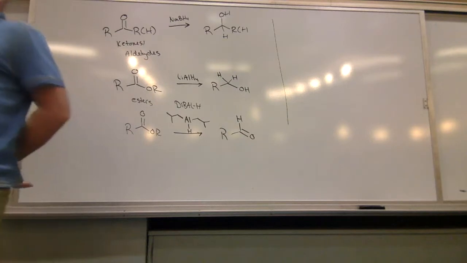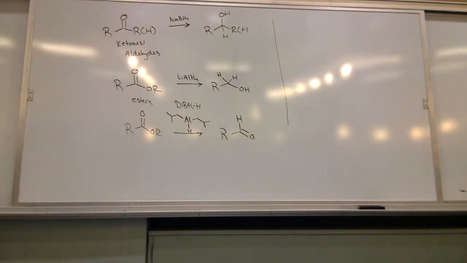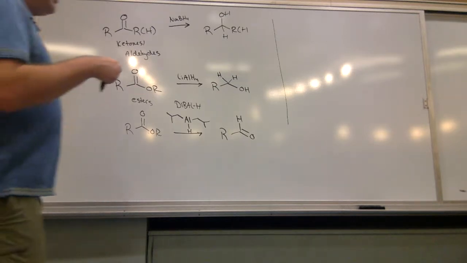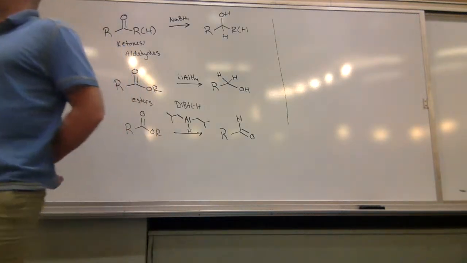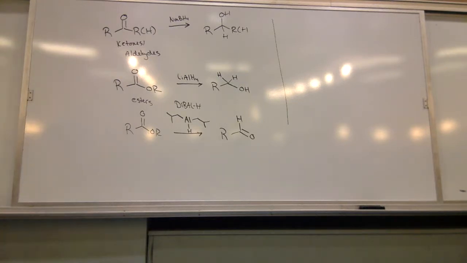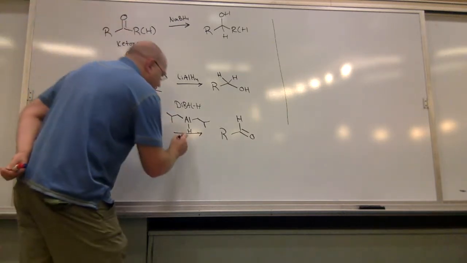Now, just really quickly before I get a little bit more into the mechanism, one thing that's really important about DIBAL is that it's actually a really difficult reaction sometimes to control and can certainly over-reduce from time to time. DIBAL reactions are one of these reactions that require an experienced synthetic chemist, both to make sure that they don't set fire to the lab, as well as to make sure that they don't over-reduce to the alcohol.